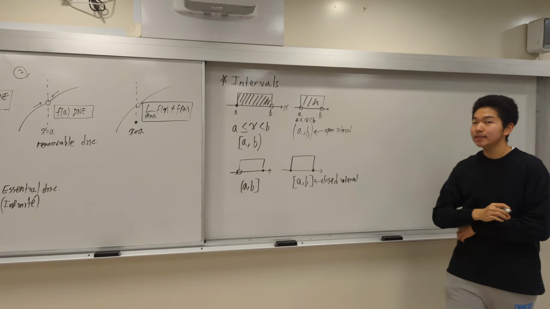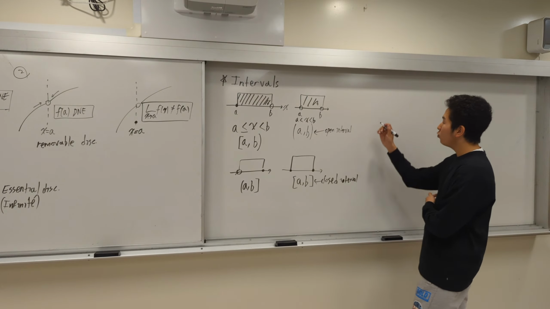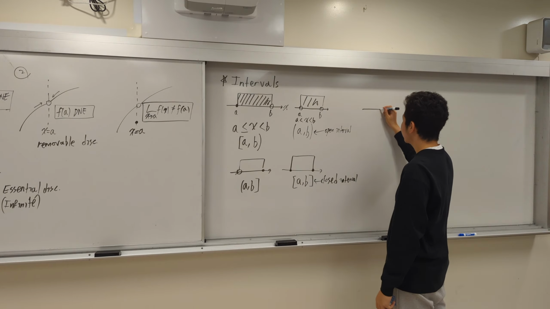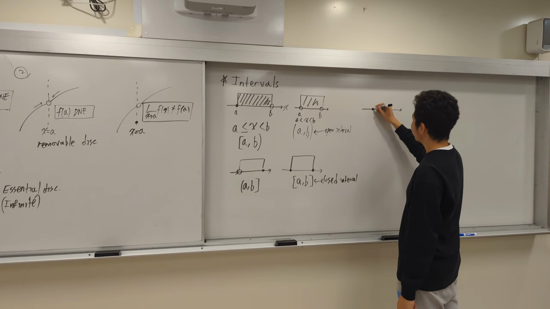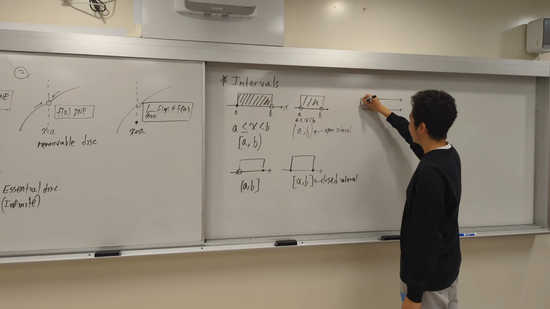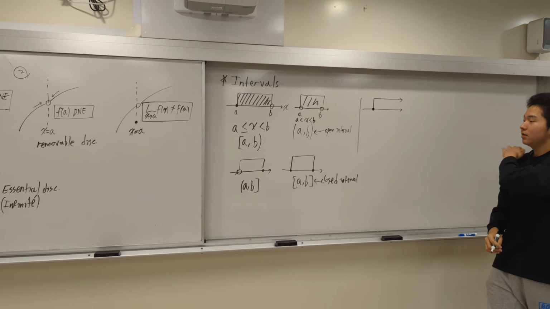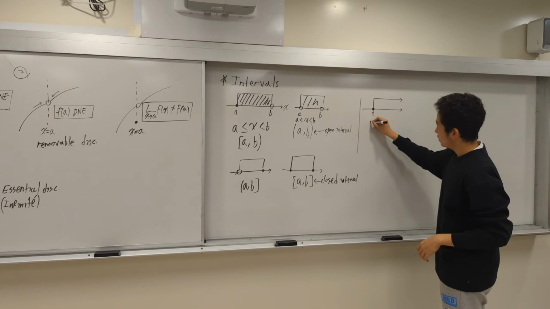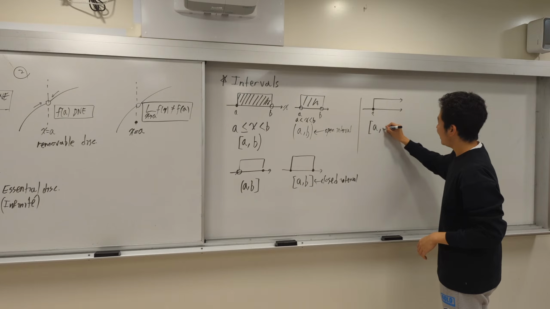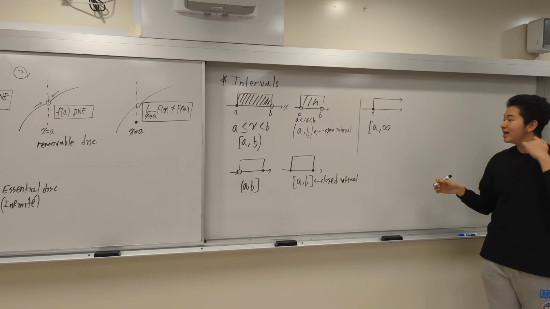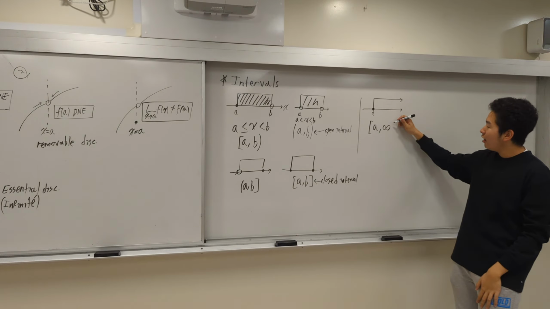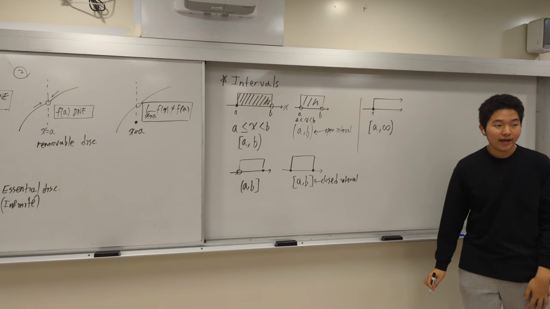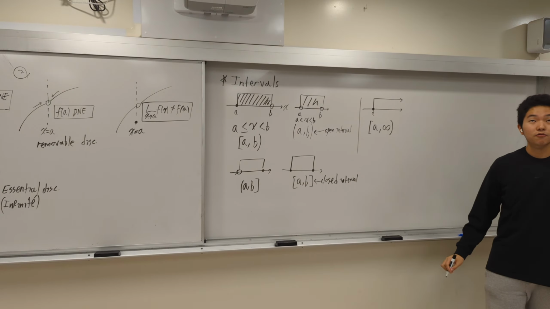there's two special cases. What if you wanted something unbounded? Like I start here and then I go all the way to infinity. How would we notate that? Right? Square bracket a, comma, infinity. We can write infinity, but remember that infinity always has to go with an open bracket, so like a round bracket, okay?